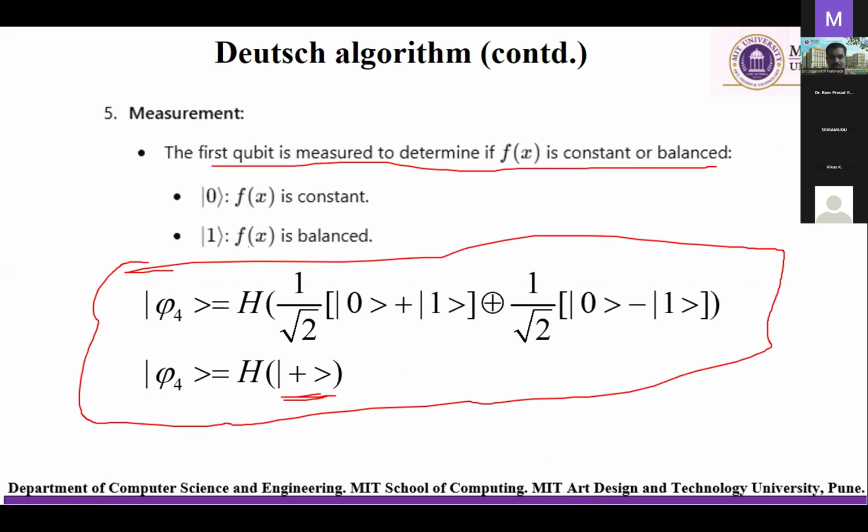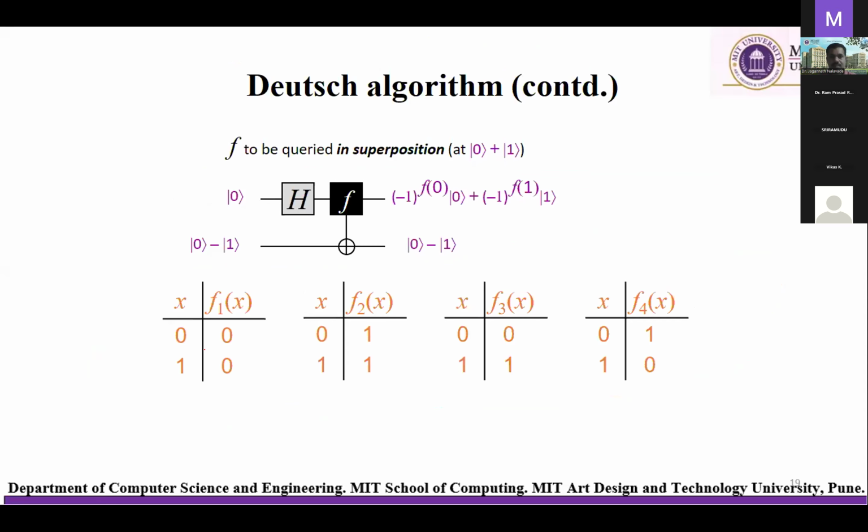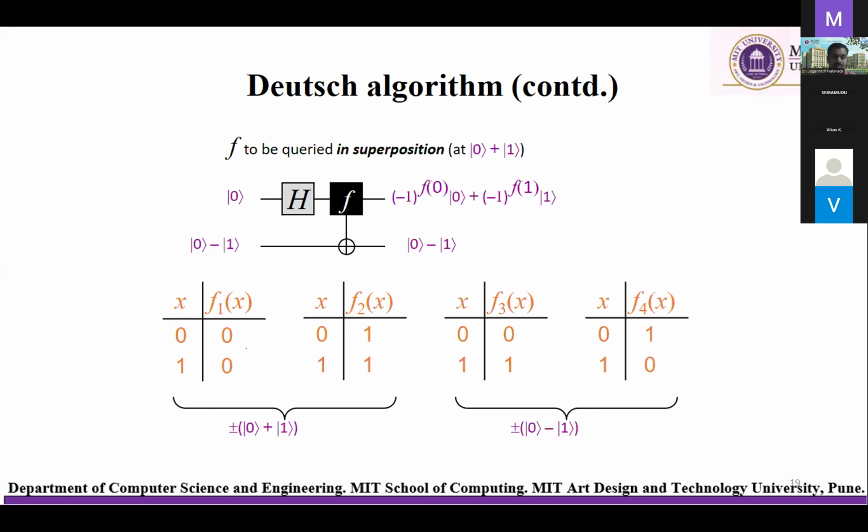When we solve this, this is the last outcome at the qubits. If we compare the outcome with the previous equations and operations, and at the end we get this particular outcome, then we can say that the system is in a constant state, that the function is constant.